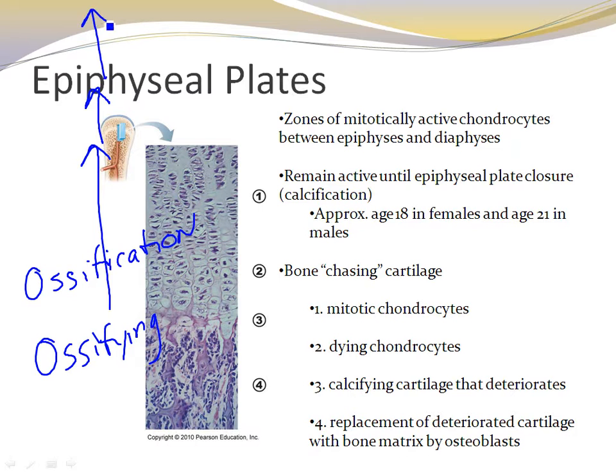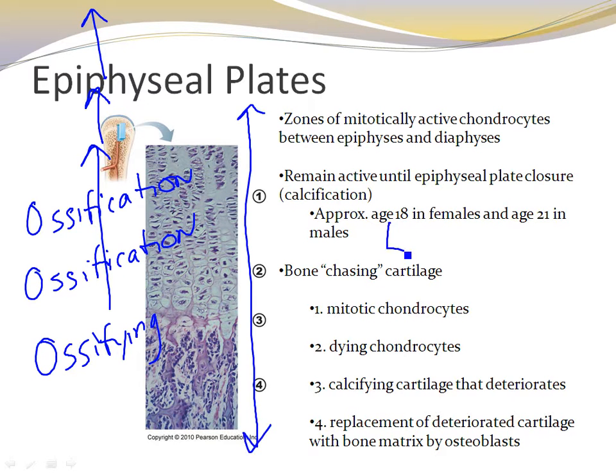Pushes upward even more. Ossification occurs down in here. As long as those growth plates are present, those epiphyseal plates are there, the bone will keep elongating this way. Okay, so you have what's called longitudinal growth, lengthwise growth.